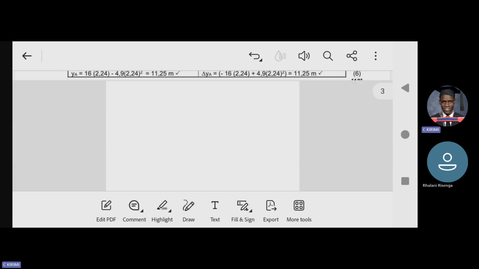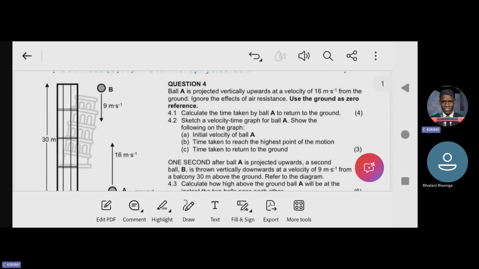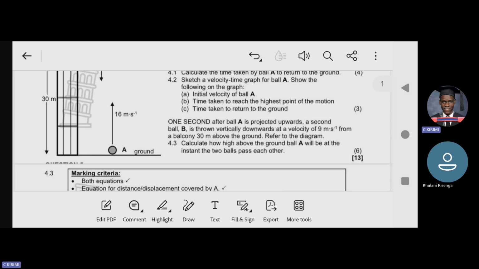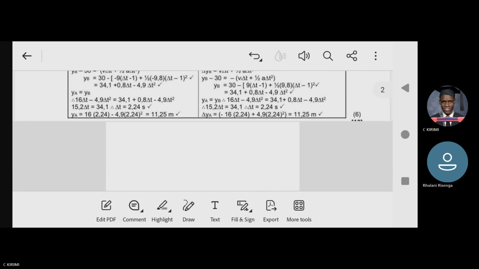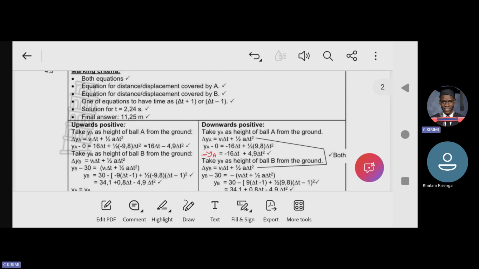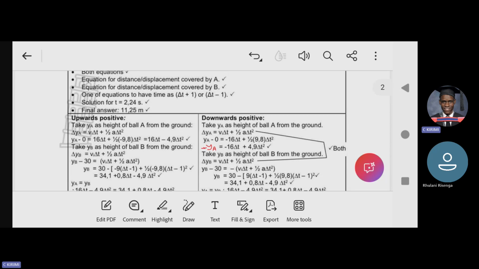If we start with upwards as positive, remember, we have ball A and ball B. One second after, ball A is projected upwards, and a second ball B is thrown vertically downwards. The first option on the marking guide is taking upwards as positive, isn't it? Yes. So it's upwards as positive.